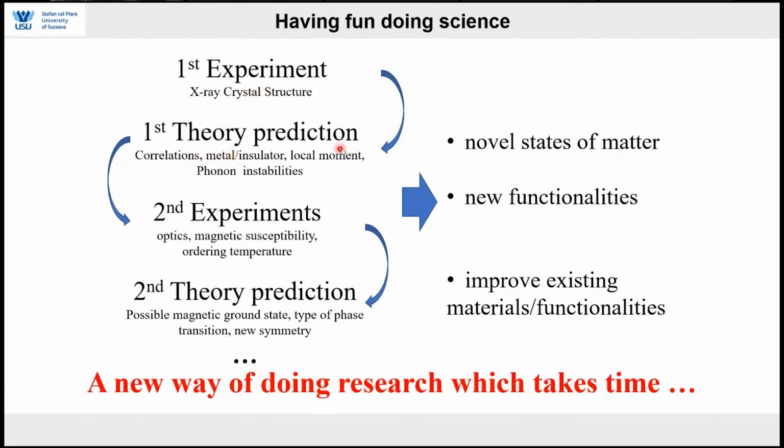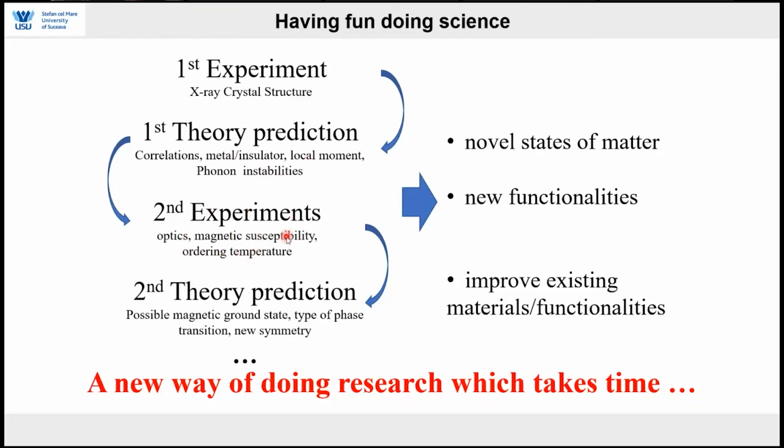I'm looking if I have a local moment. I'm looking for phonon instabilities. Now, if I predict that I have a local moment, the next measurement is magnetic susceptibility. If I predict that I have an insulator, I'm measuring the optical gap.